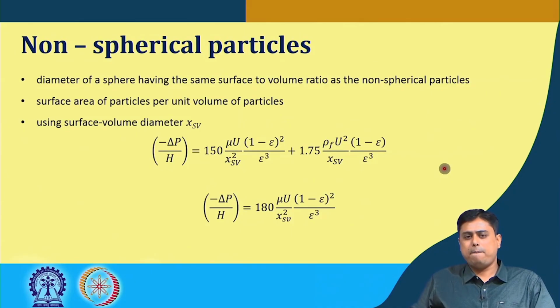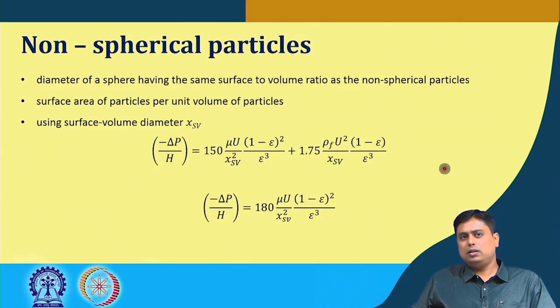So, if there is a particle of irregular shape or a non-spherical particle, then it is appropriate to have an equivalent diameter that will have the same surface area to volume ratio as a spherical object, which means the surface area of particles per unit volume of particles is what we are looking for and should be given the highest consideration.